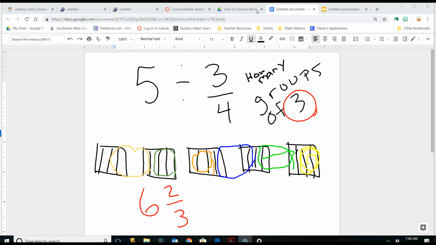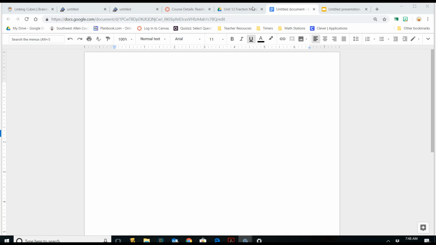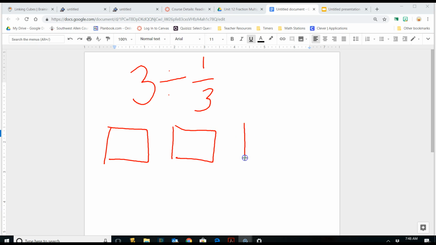Let's try that one more time. Let's start with 3 divided by 1/3. Okay, I have 3 wholes. I'm going to divide each whole into 3 parts.